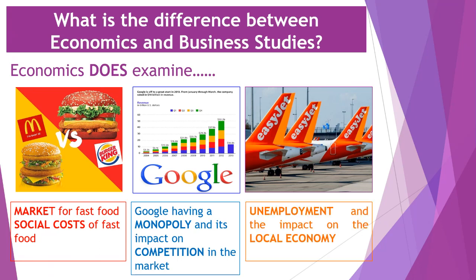And with EasyJet laying off workers, well, how will that affect the local economy? Looking at unemployment as a whole. So that's how we can see the difference between business and economics. Economics takes a wider view. We don't distinguish between individual brands or firms. We group them together and look at how it affects society as a whole.